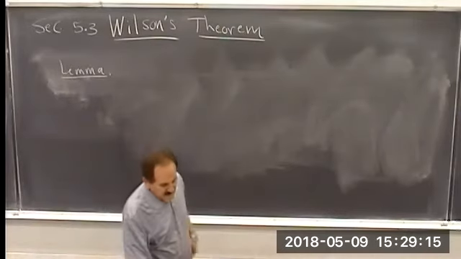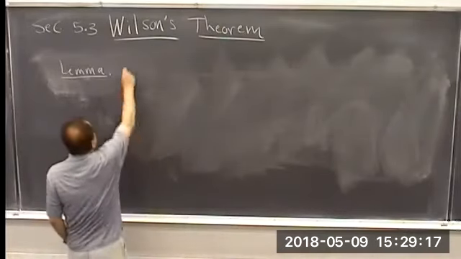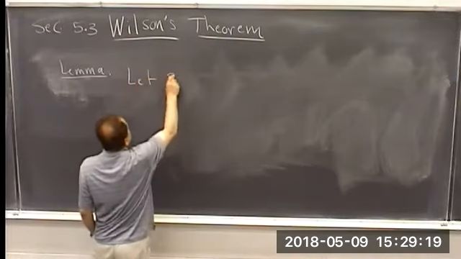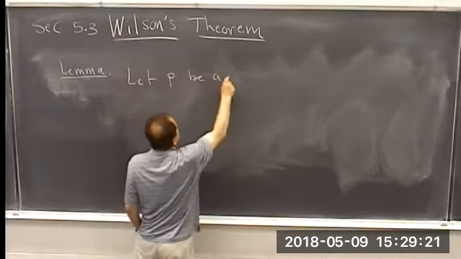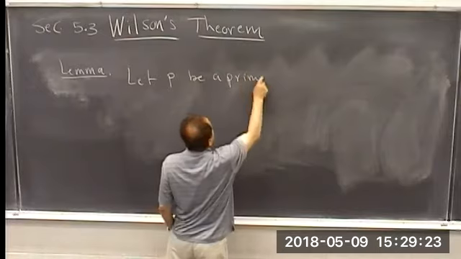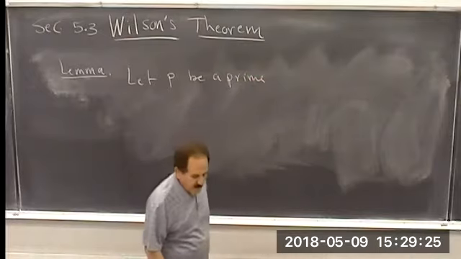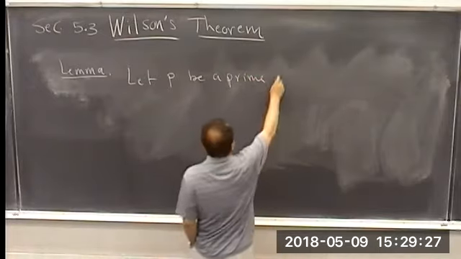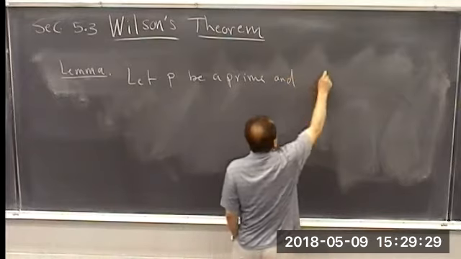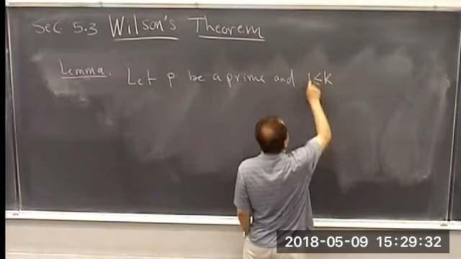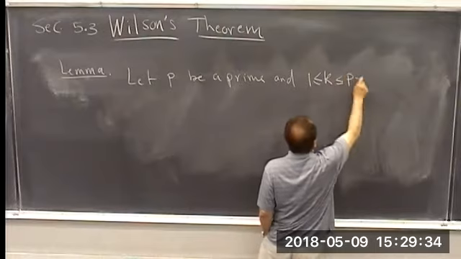And it reads like this: let p be a prime, and k is an integer between 1 and p minus 1.